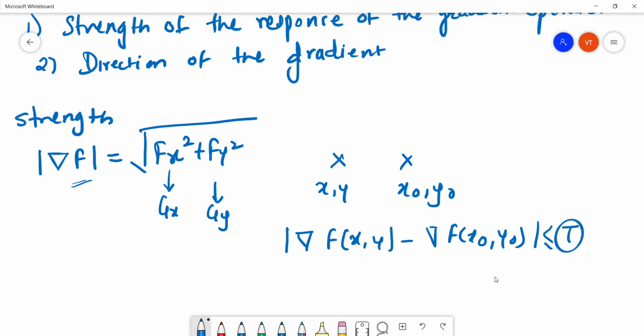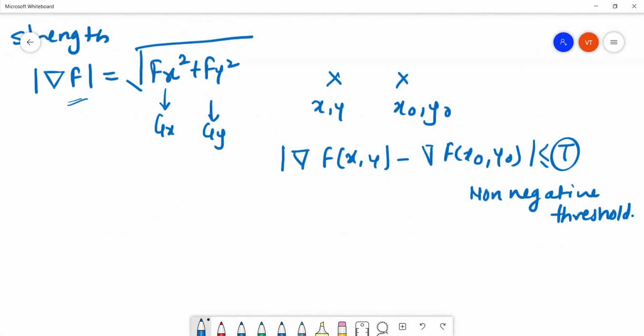T is the non-negative threshold. If this is satisfied, and not only this condition but the second condition also, if both the conditions are satisfied, then only we can say that x0 y0 is linked to x y.